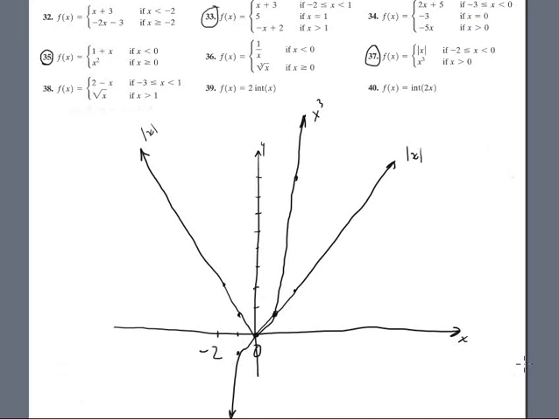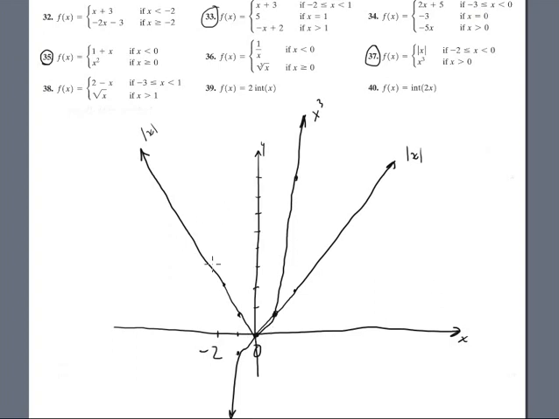Okay, 37 is the piecewise function also, but in this case we have two pieces. The absolute value is this function, looks like this, and the cubic function is a typical odd function, symmetric about the origin.